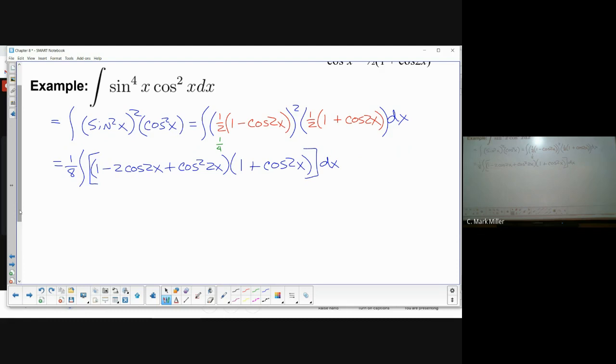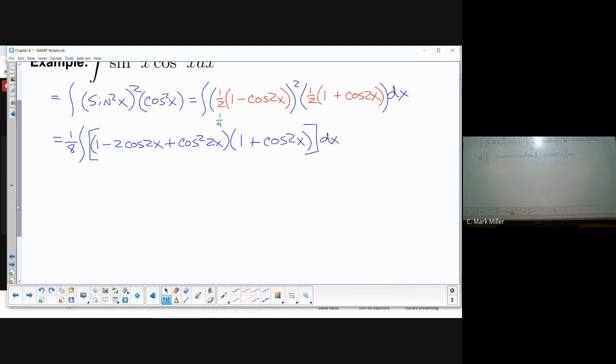It's about to get messy. Really, really messy. It's about to be, why did I take this class, messy? We've got to multiply those. Trinomial by a binomial. 1/8.